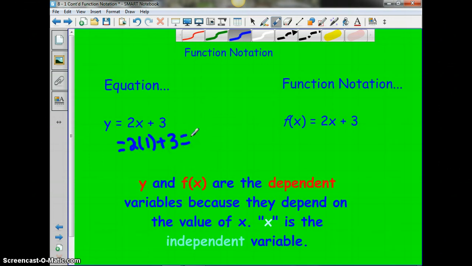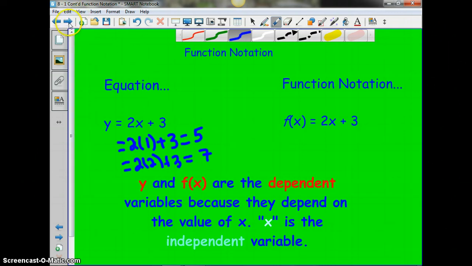That will give us y, and y is 5. Now if we plug in 2, we have 2 times 2 plus 3, which gives us 7. So notice that y depends on whatever x is.